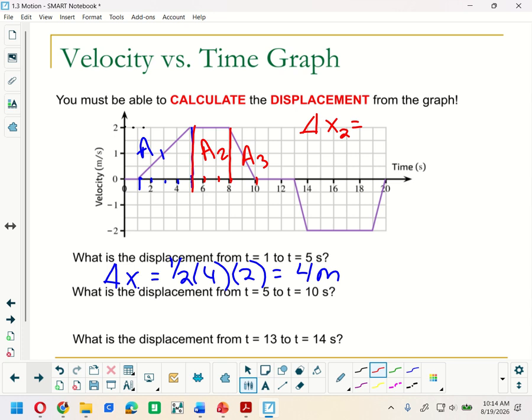You guys see that? Okay, it's 3 this way, times my height, which is 2. That's going to give me 6 meters.